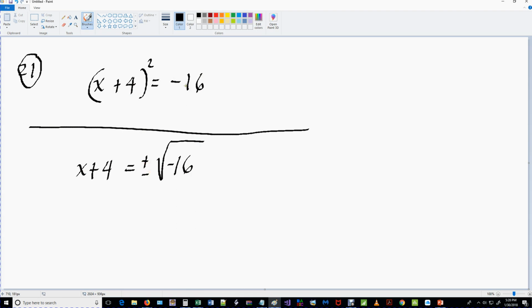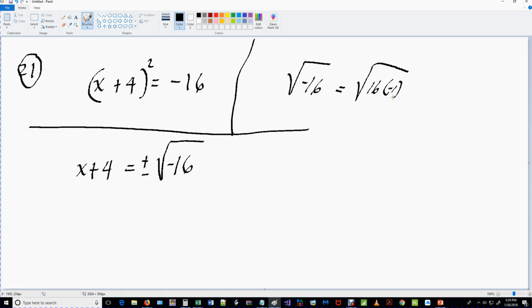Whenever you find the square root of a number, like 16, for example, you have the square root of 16 and then plus or minus. Even though this is negative 16, you do the same, right? The square root of minus 16 and then the plus and the minus. Now, the square root of minus 16, let me do this separately, can be simplified as follows. You can do 16 times minus 1.